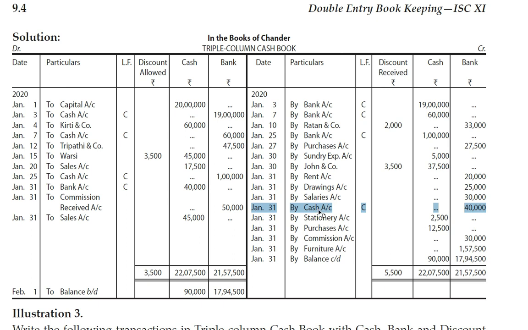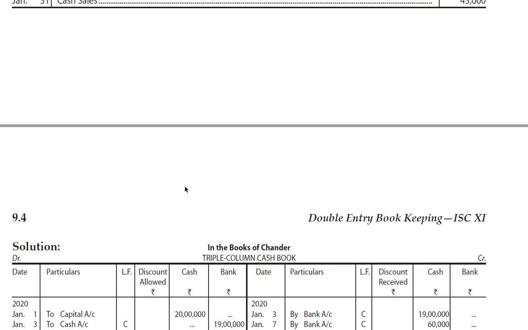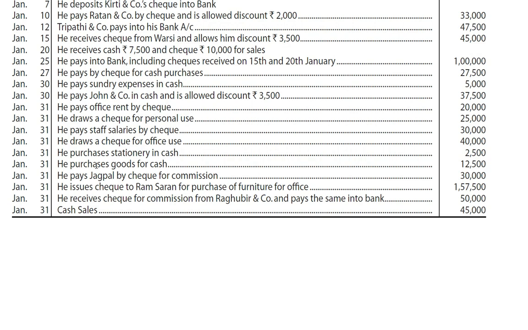So by cash account, that 40,000 rupees is coming to your cash box. That's why it's a contra entry. Either cash to bank or bank to cash, whatever may be, it will be a contra entry.